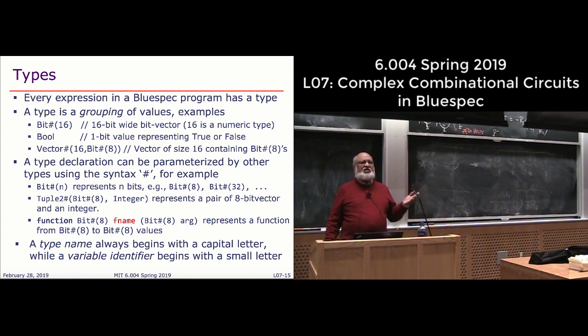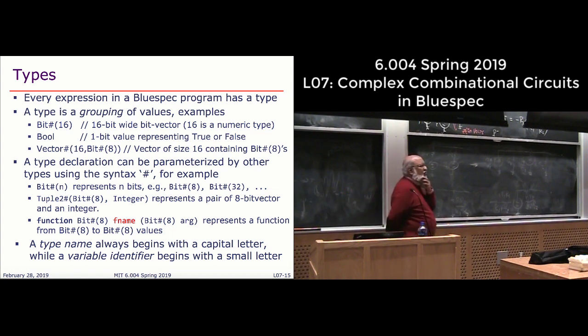Who's going to tell me what is the type of a half adder? What are the arguments it had? You have to regard separate arguments as separate ones.